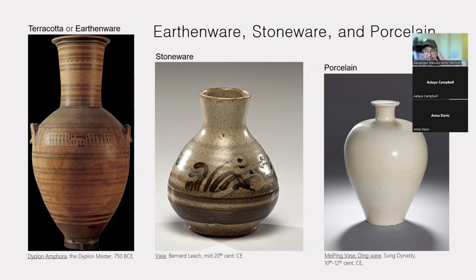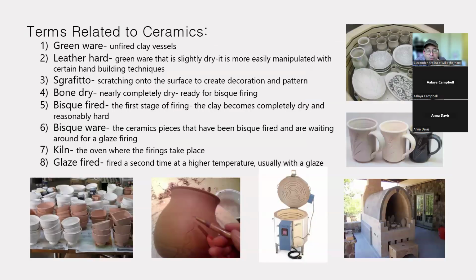There are three main types of clay bodies, but as I'll explain in the lecture, there's an infinite number of types of clay, because the difference between stoneware and porcelain is a gradient. It's not a fixed rule. So one person might have a formula that's porcelain, but has just a little bit of stoneware and a little bit of earthenware involved in it. We'll also cover some of the main terms that you need to know related to ceramics.